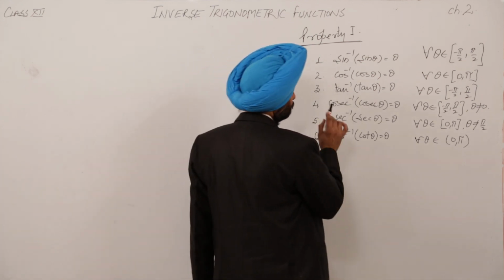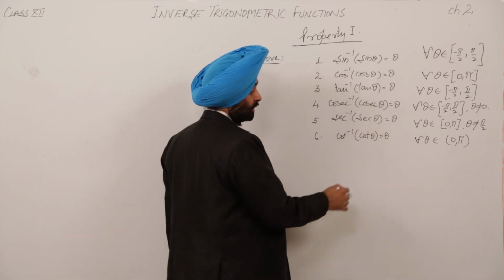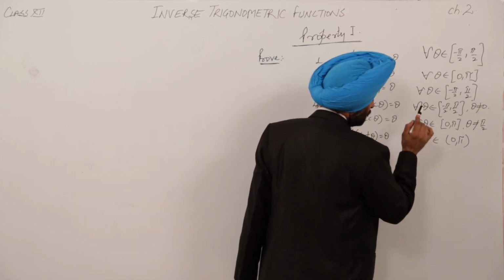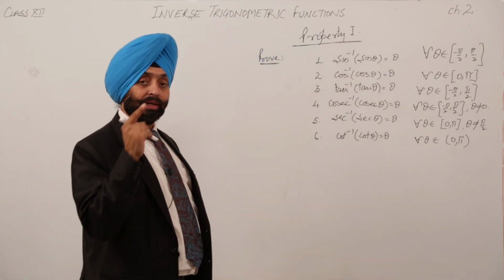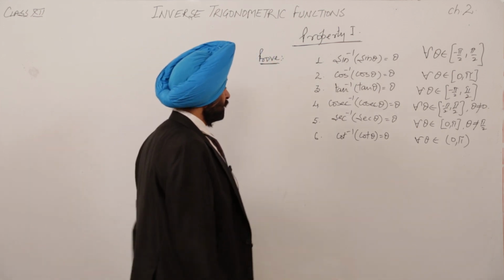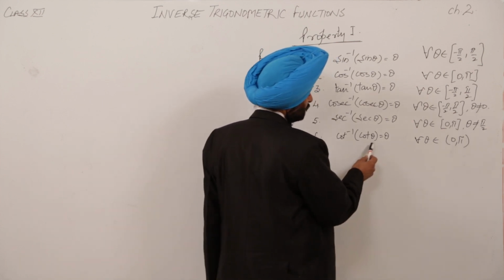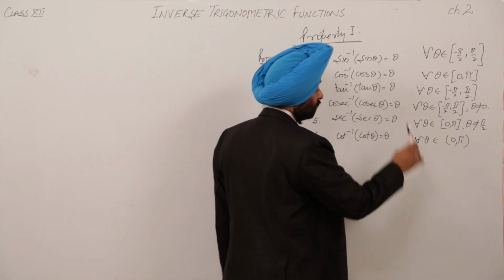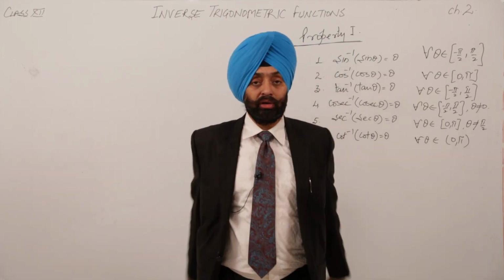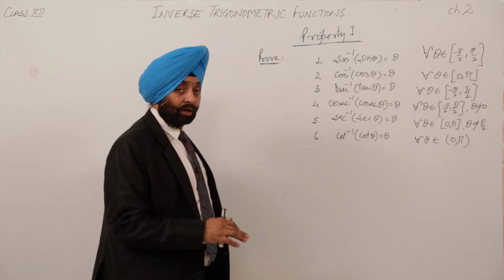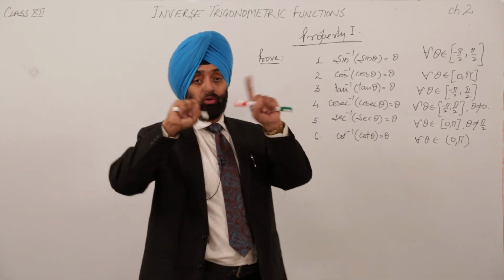For secant, secant inverse secant theta is equal to theta for all values of theta where theta belongs to 0 comma pi, and here theta should not be 90 degrees, should not be pi by 2. Lastly, cot inverse cot theta is equal to theta for all values of theta where theta belongs to the open interval 0 comma pi, not closed, open.